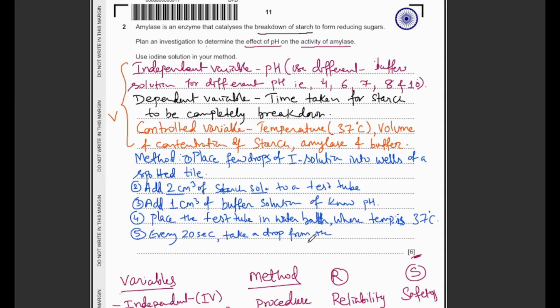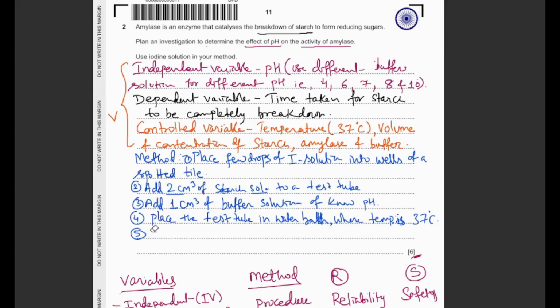Something, no, we missed one point here. And what is that point? It is about amylase. We did not add amylase. Without amylase, the enzyme, the reaction won't start, no?